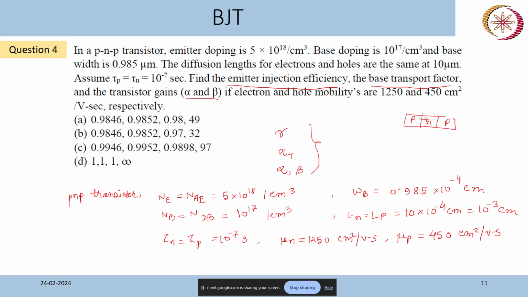So Lb is actually Lp, and electrons will diffuse to the emitter side, so Le will be Ln, the electron diffusion length.